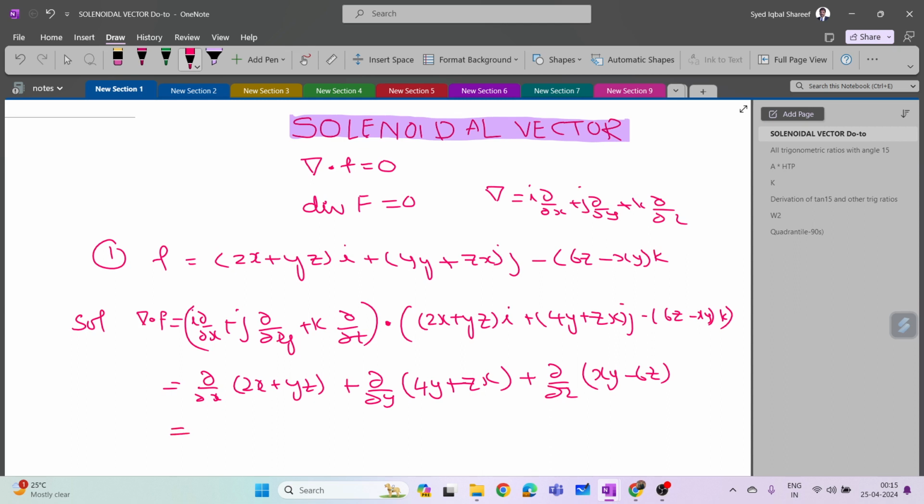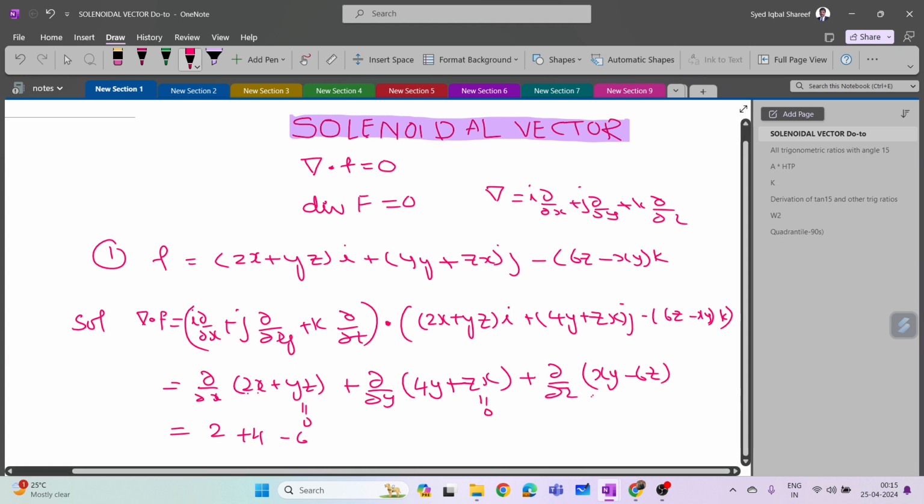Now with respect to x, the derivative of x is 1, so this is 2yz. With y, partial derivative of 4y is 4, so this is 4zx. And with z, this is minus 6xy.